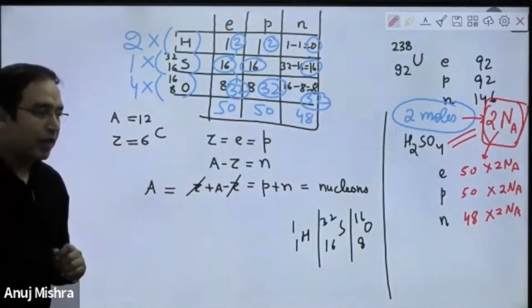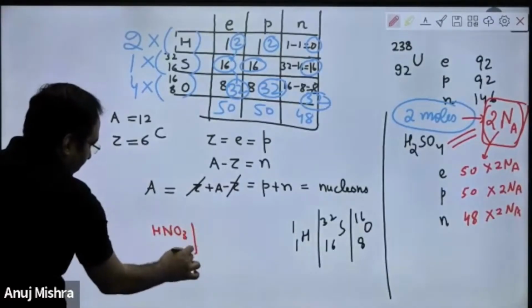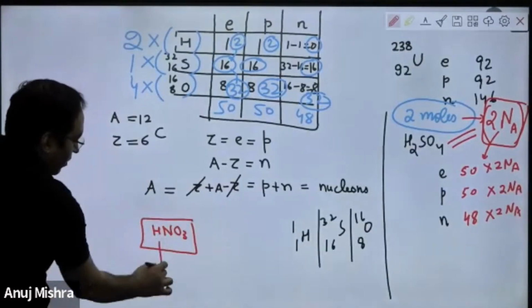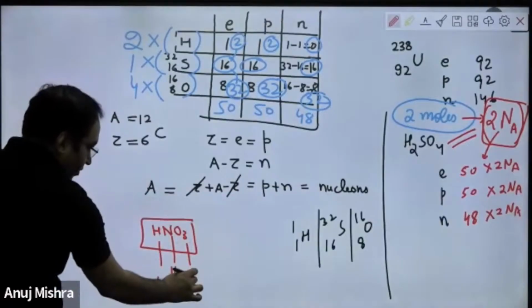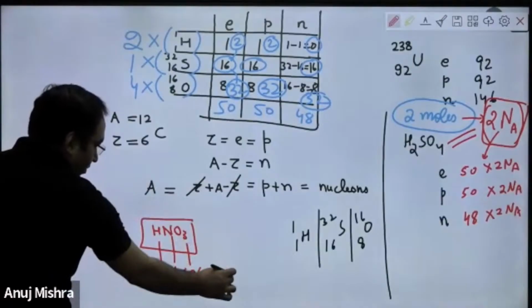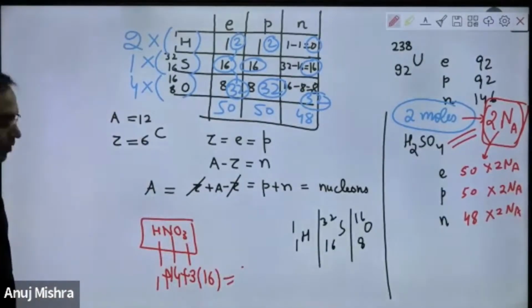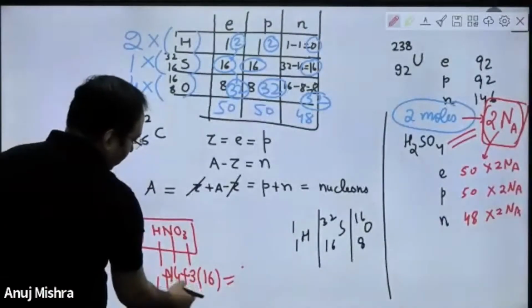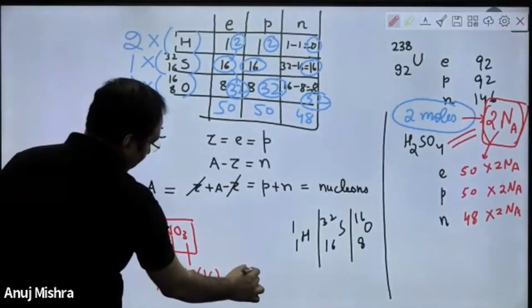Aditya, can you answer what is the molecular weight of HNO3? 1 plus 14 plus 48. Very good. How much will it come? 63. 48 plus 14, 62, plus 1, 63. Absolutely correct.